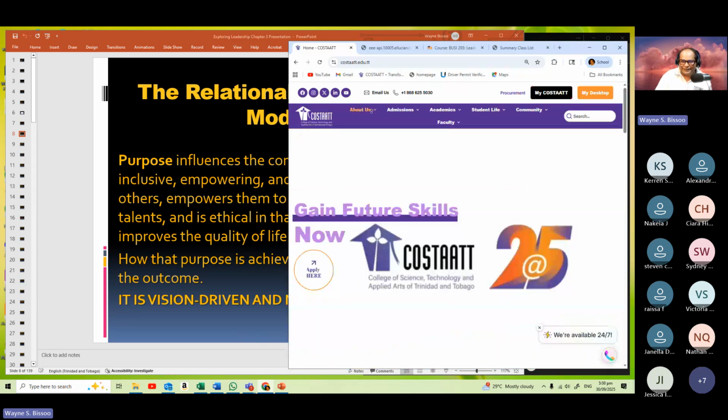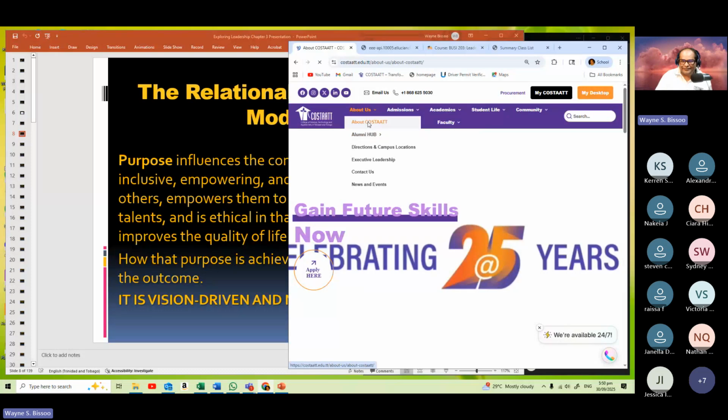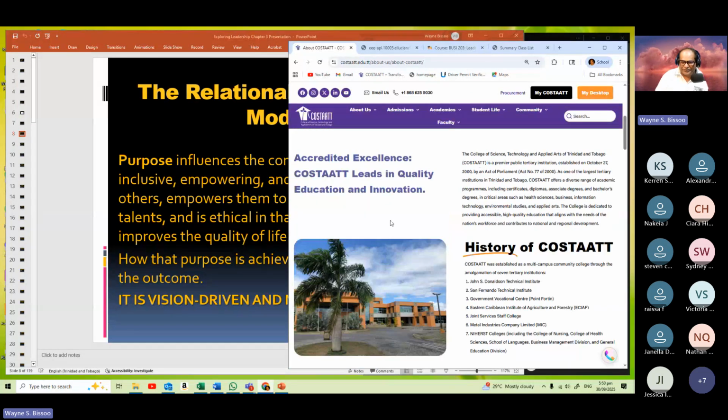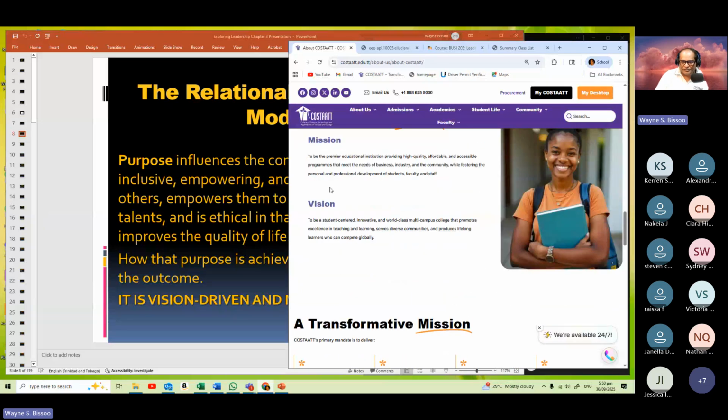Okay, so if we go to About Us, about COSTAT, and we go down, this is the history of the college. You could read up about it. You would see our mission and vision statement is on the very first pages.